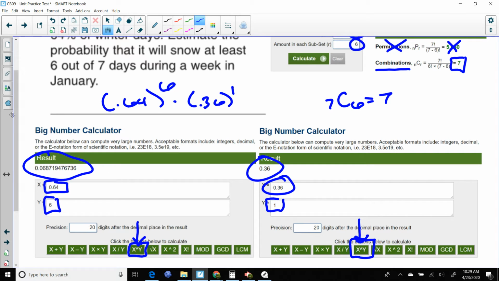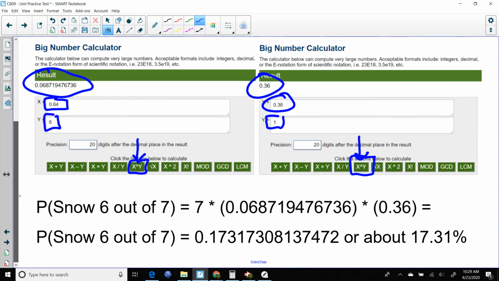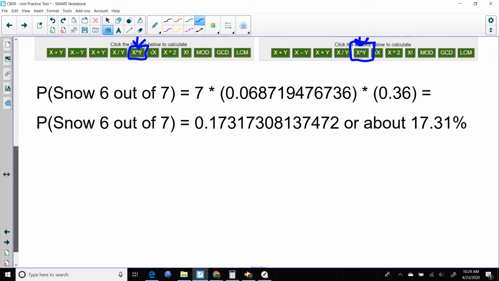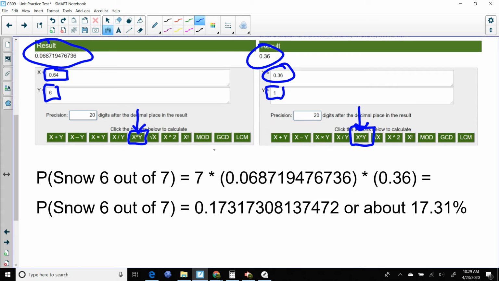I take all those numbers, 7, 0.06 and so on, and 0.36, and I plug them into a calculator. So 7 times our 0.068 something, times 0.36.